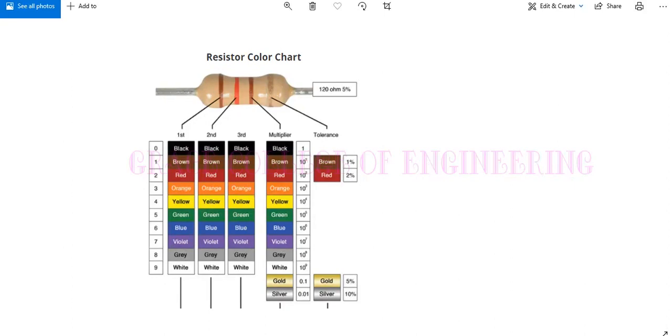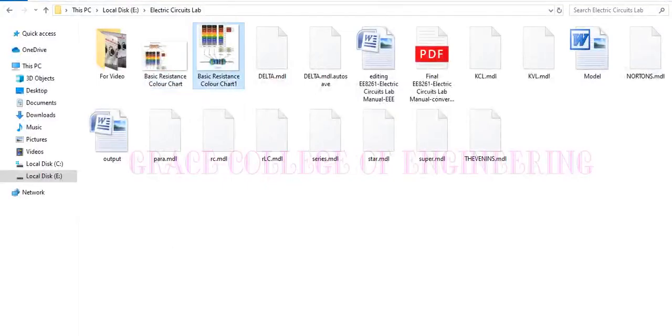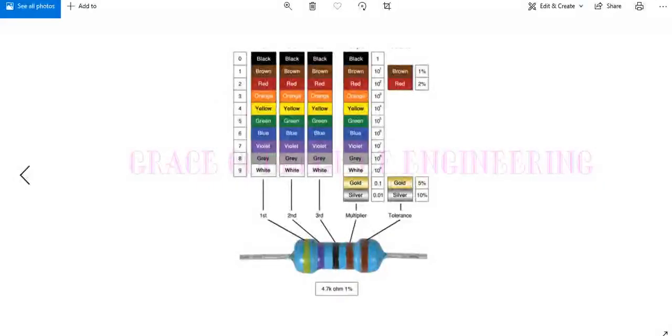And also we want to see another diagram for basic resistance color coding. This is the diagram. See here, the first color represents yellow, the second color represents violet, and the third color represents black, and therefore combined we can see 470.